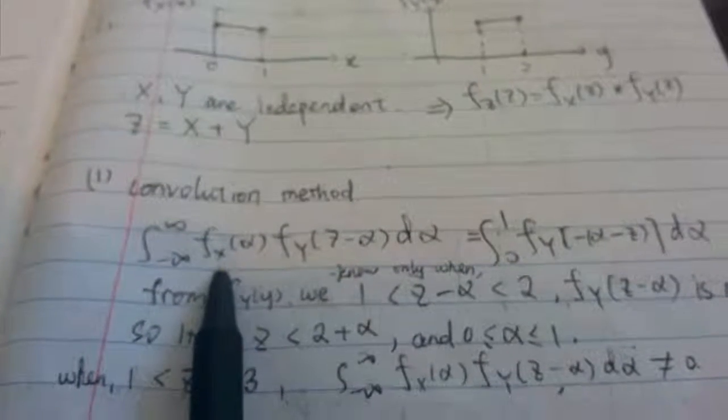Because we know that x only has value from 0 to 1, we could rewrite the equation like this. And from f_Y of y, we know that only when z minus alpha is greater than 1 and less than 2, there's value.